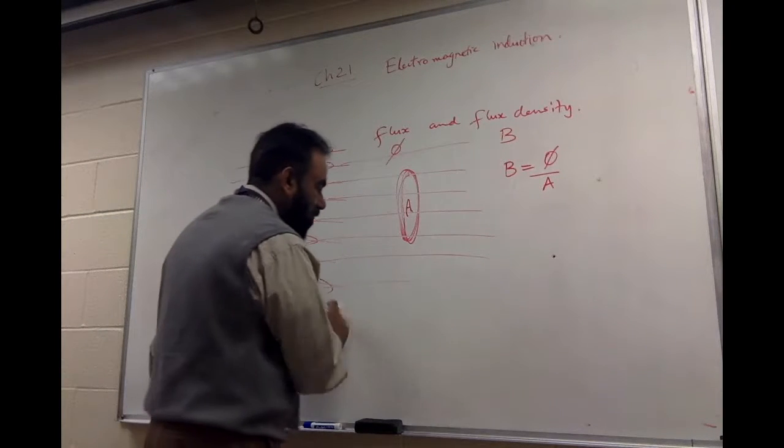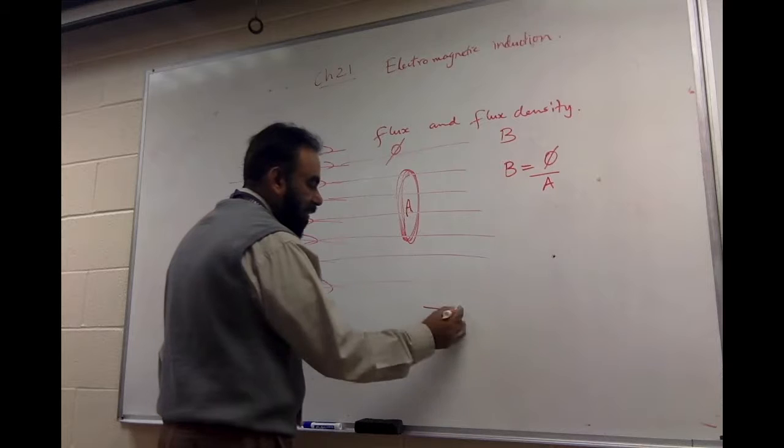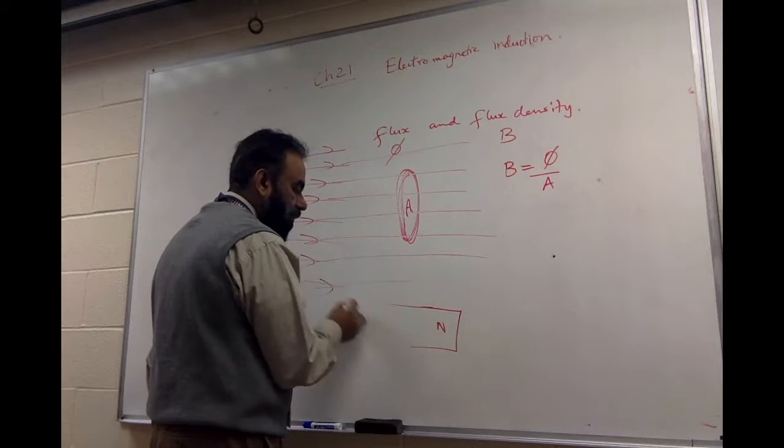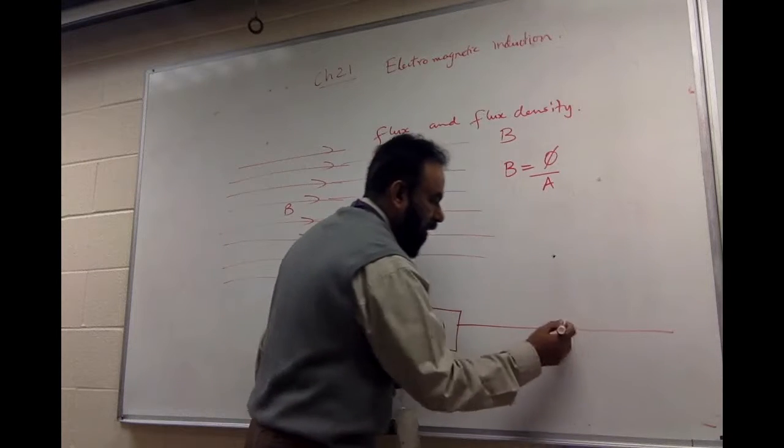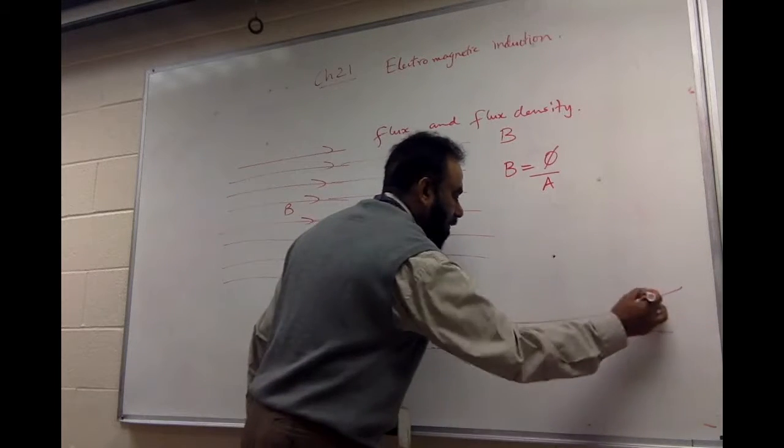Here is another example. Suppose you have a magnet here, north, south. The magnetic lines going from here are like that.